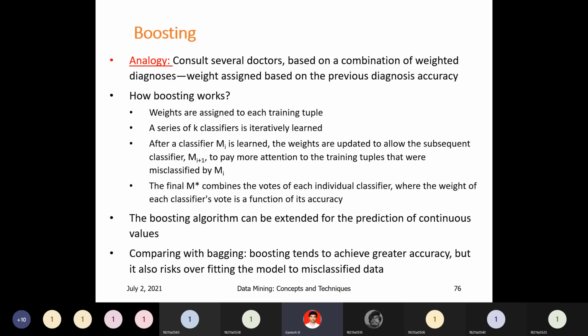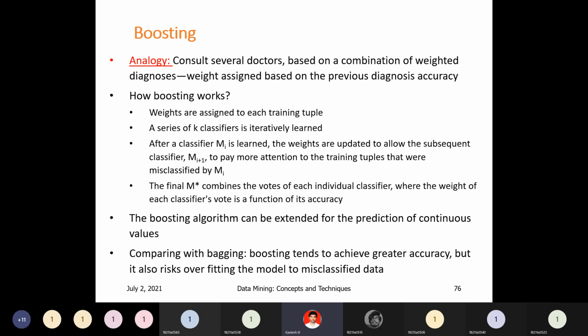Then what is boosting? Boosting is nothing but analyzing each doctor's diagnosis. The first doctor gave some report, and you analyze that report: this is a lungs-related problem. The second doctor gave a report with lungs plus some other problem, some liver-related problem also. Another doctor gave a lungs-related problem.